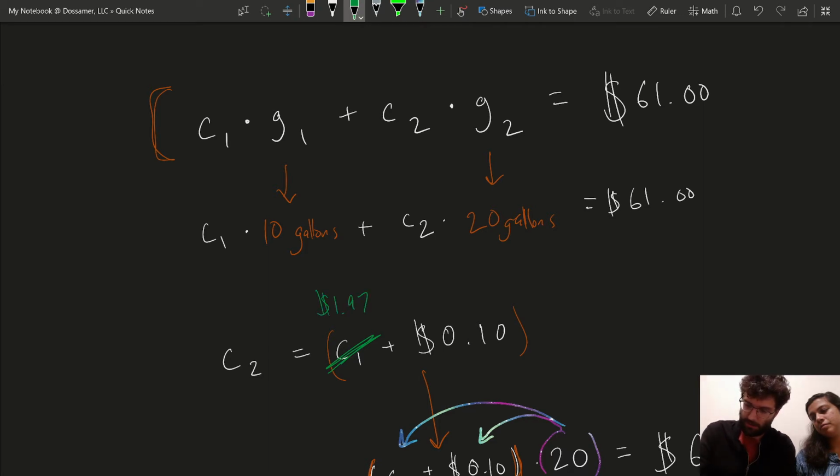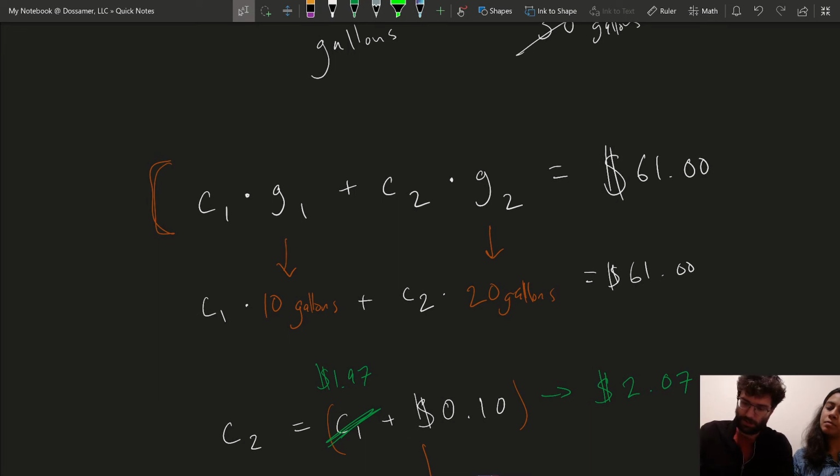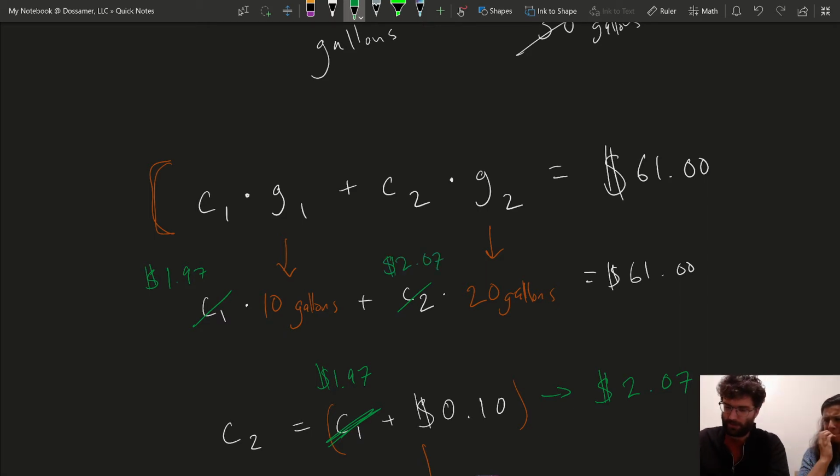So I'm going to clean up a little bit, but with a new color, let's do green. I'm gonna cross out this C1 here, and I'm gonna bring in my $1.97. So my C2, what's my C2? $2.07, yep.